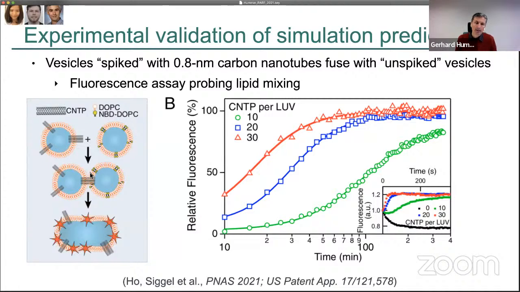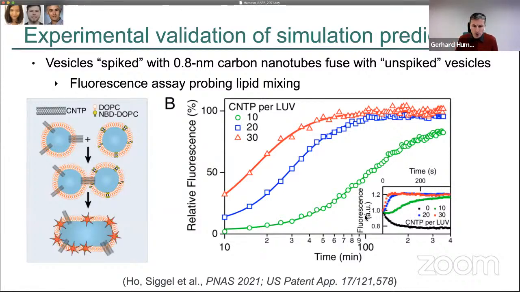Fusion with an unlabeled vesicle leads to dilution, and this thinning of the dye removes to some degree the self-quenching effect, and so fluorescence then appears. And when they monitored this, they could clearly see in a dose-dependent manner, depending on the amount of nanotubes, that they could see fusion. And in the control experiment, that is vesicles without nanotubes, they actually see an opposite signal. There's just the usual bleaching effect.